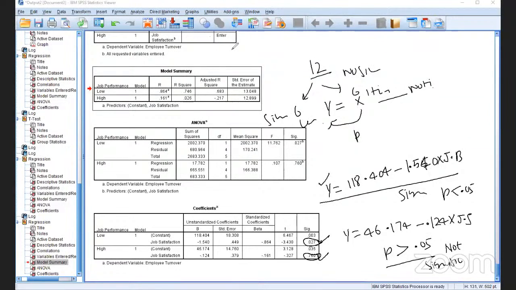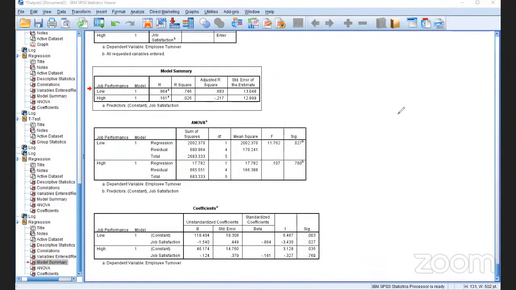Now the question is, it is clear, but SPSS doesn't tell us whether this difference in regression coefficients is significant or not. So here we will compare the slopes.